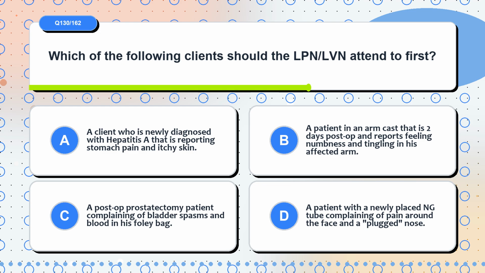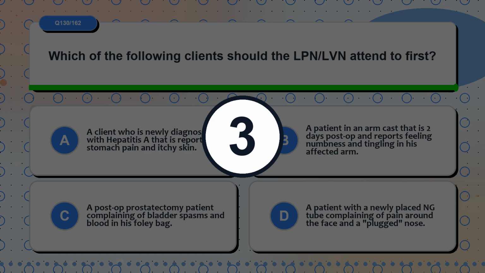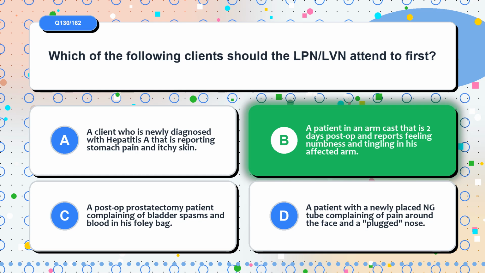Option C. A post-op prostatectomy patient complaining of bladder spasms and blood in his Foley bag. Option D. A patient with a newly placed NG tube complaining of pain around the face and a plugged nose. The correct answer is option B.